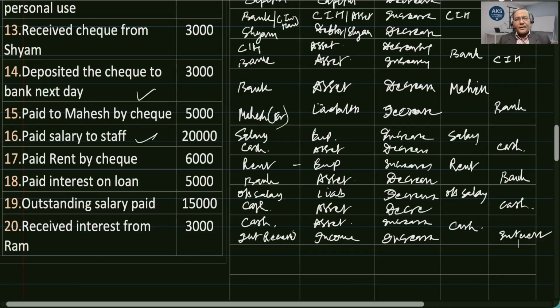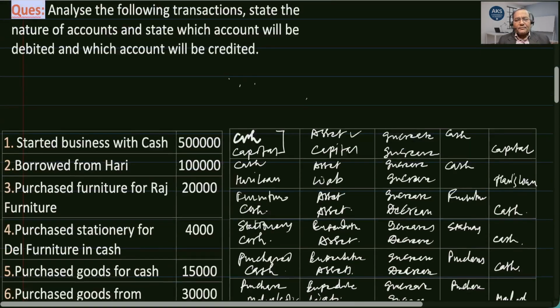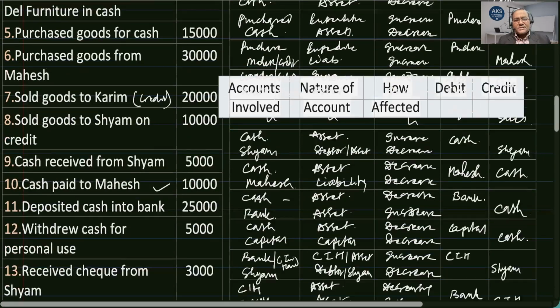So if we have to increase the asset, we need to debit it. If we have to decrease the asset, we need to credit it, and the logic goes for all the subsequent heads. I hope this is clear. Now we will see the next one.